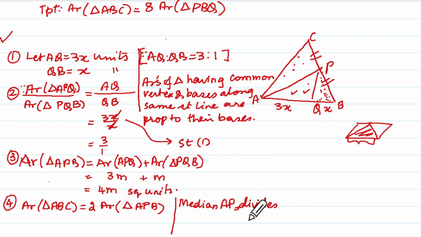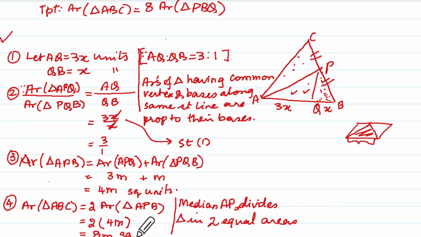Median AP divides triangle in two equal areas. Okay, so that will be 2 into how much? 4m, which is equal to 8m square units. Understanding?